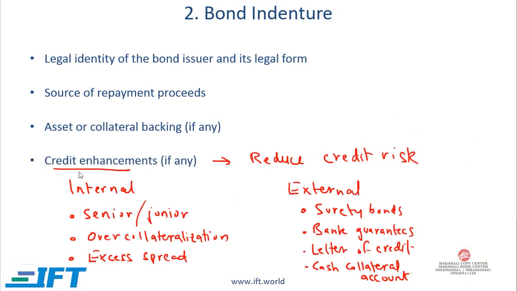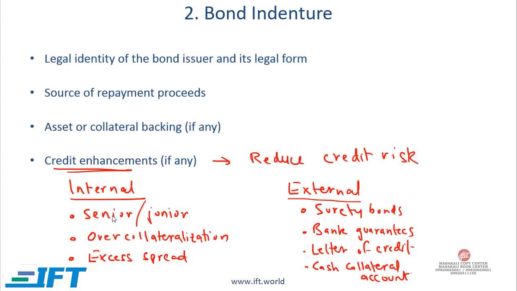Next, we come to credit enhancements. This is another way to reduce credit risk associated with fixed income securities. Generally, credit enhancements are used with securitized bonds. We have two categories of credit enhancements: internal credit enhancements and external credit enhancements.